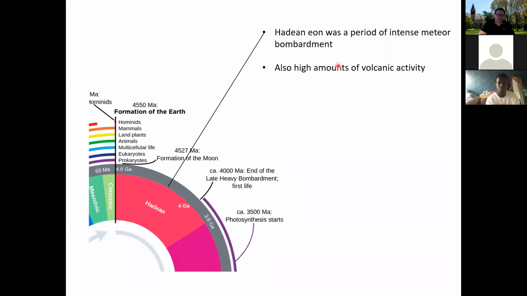In addition to the fact that we have a lot of bombardment, remember this is a period of Earth's history where the heat of formation is really relevant. That's called the latent heat, the heat that's trapped in the Earth as it starts to form this larger planetary body. Things are probably very often melting.